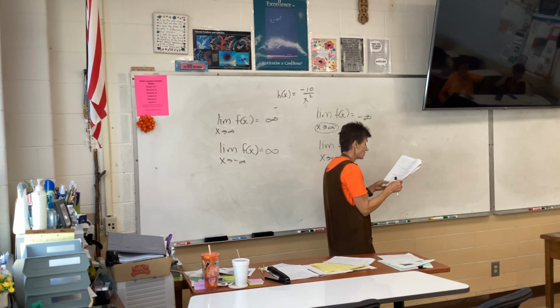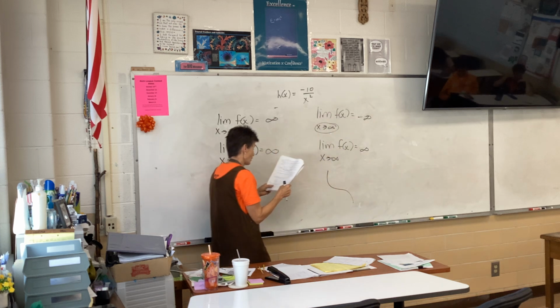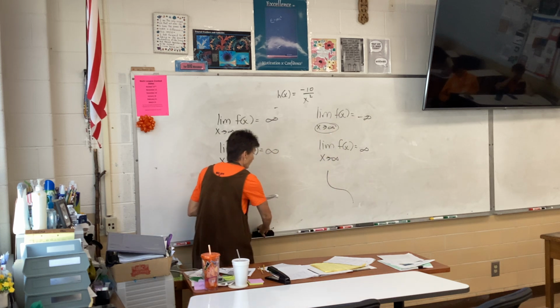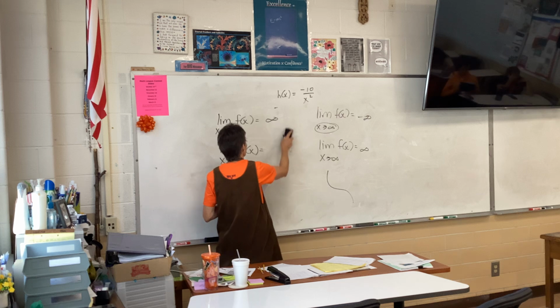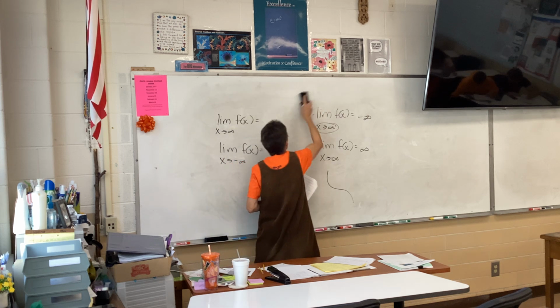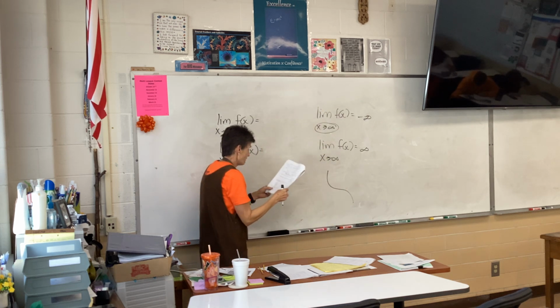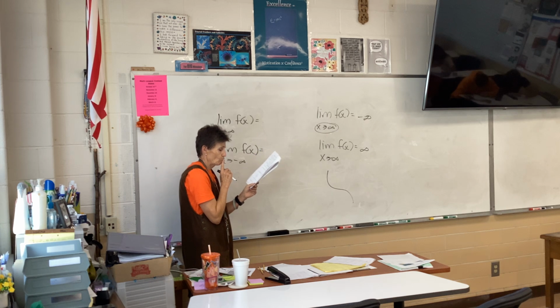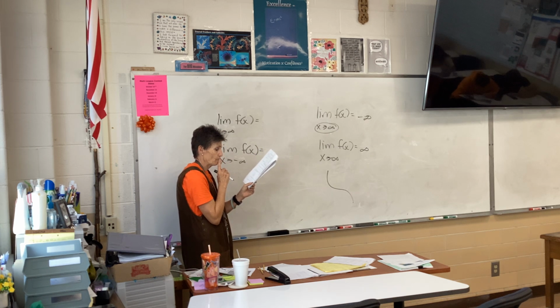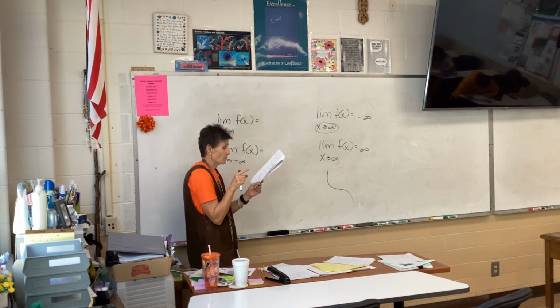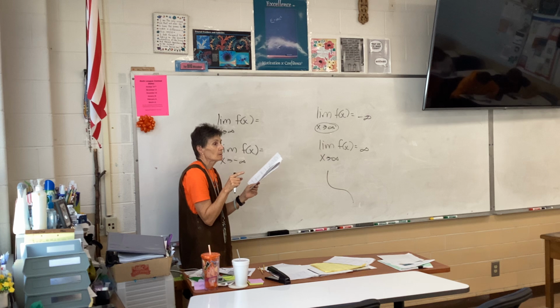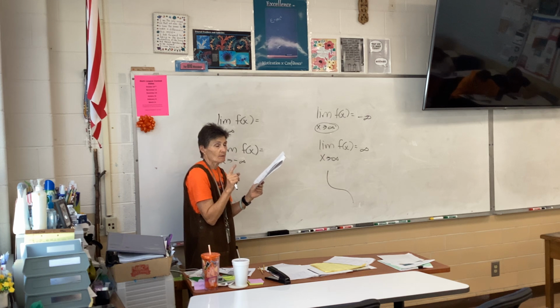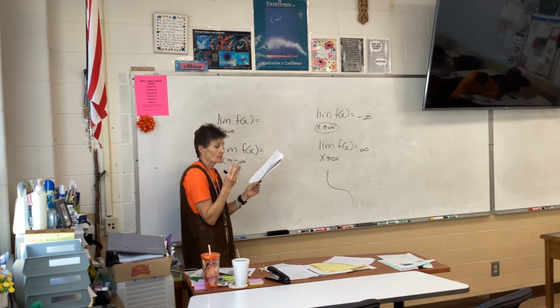Use limit notation to describe the end behavior of this thing. Come on, 2 more problems to do and we'll be done. What is the end behavior of number 4? What's the degree of number 4? The degree of number 4 would be 3.